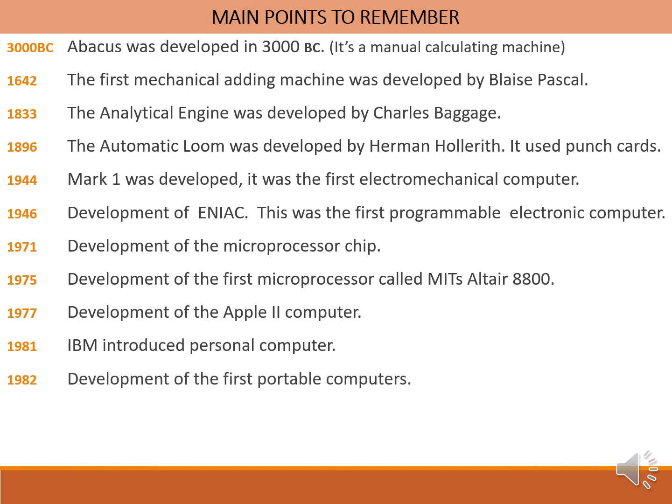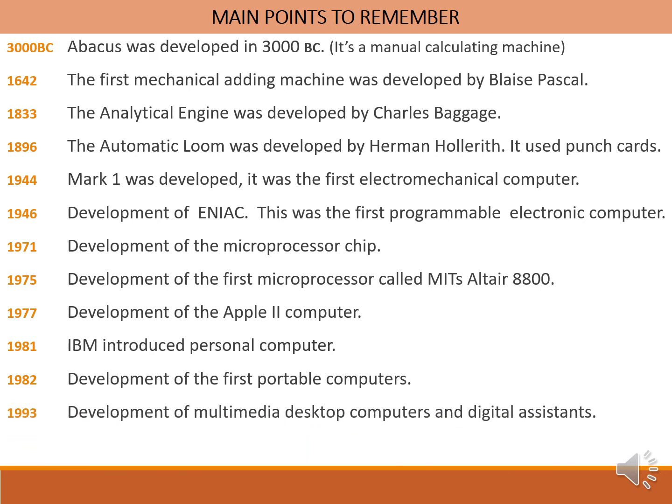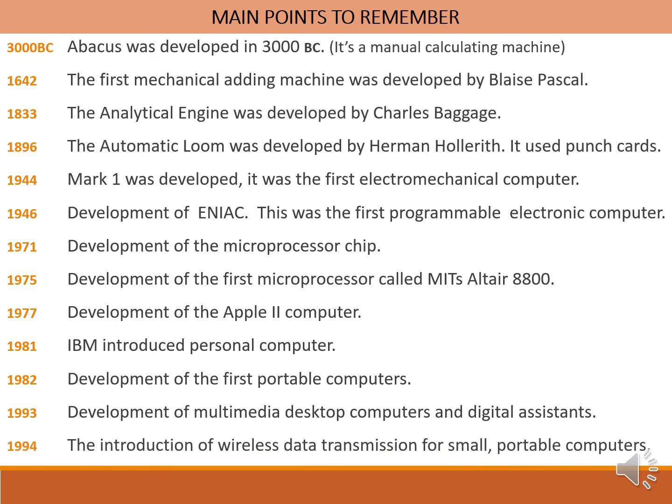In 1982, there was the development of portable computers. In 1993, there was the development of multimedia desktop computers and digital assistants. In 1994, there was the introduction of wireless data transmission for small and portable computers.